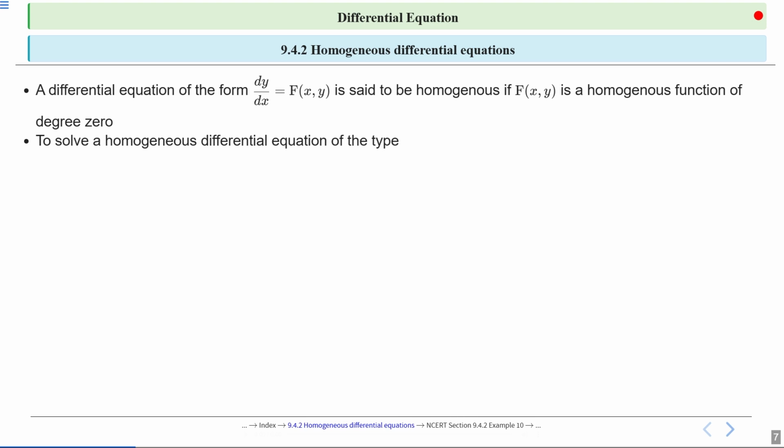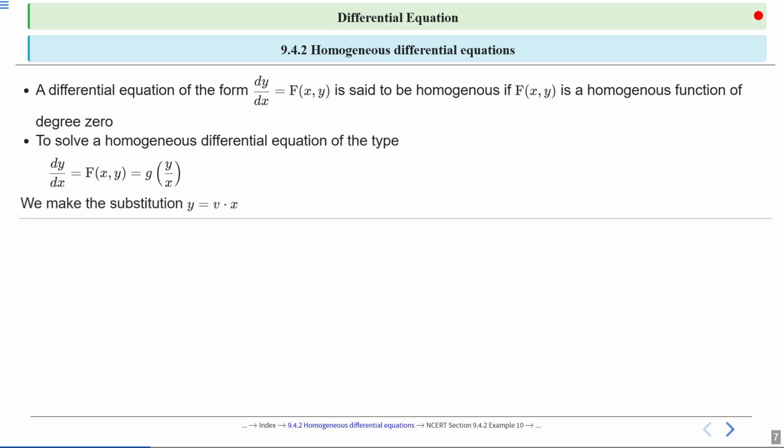And to solve a homogeneous differential equation of the type dy by dx is equal to f(x, y) is equal to x to the power 0, that is 1, times g(y by x), as the degree is 0. So to solve this type of homogeneous differential equation, we make the substitution y is equal to v into x.